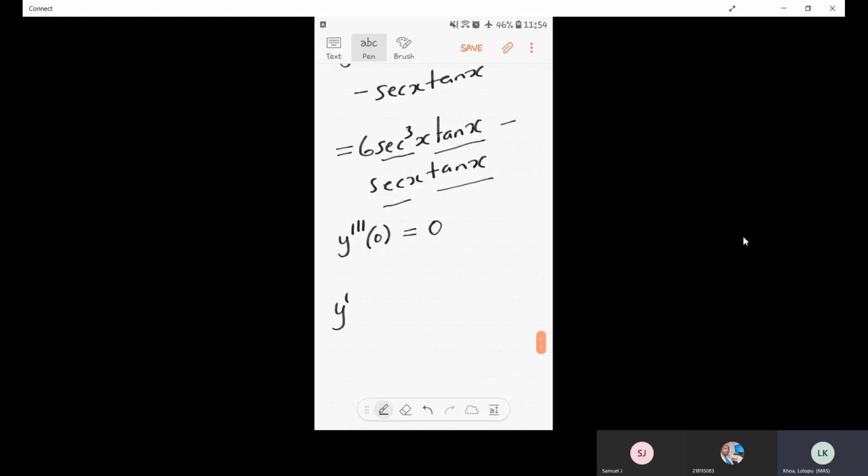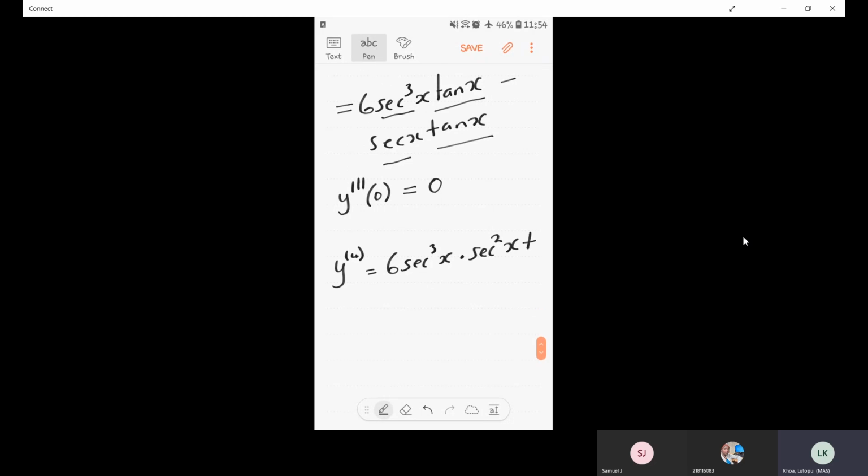For the fourth derivative, I will keep 6 sec cubed x as it is, and then multiply it by the derivative of tan x, which is sec squared x, and then I will add this to the derivative of 6 sec cubed x, which will be 18 sec squared x, multiplied by the derivative of sec x, which is sec x tan x, and then I will multiply with tan x.